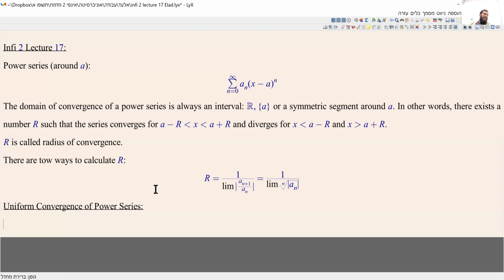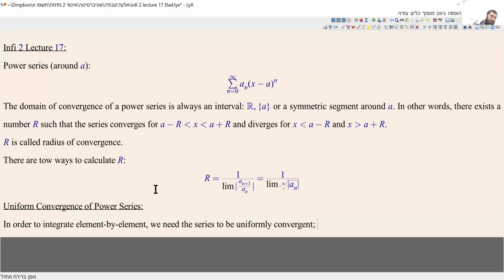Let me remind you why uniform convergence is important. In order to integrate part by part, element by element, we need the series to be uniformly convergent.